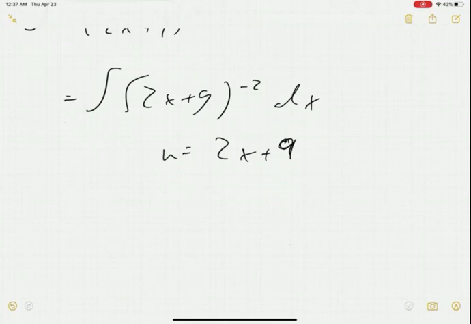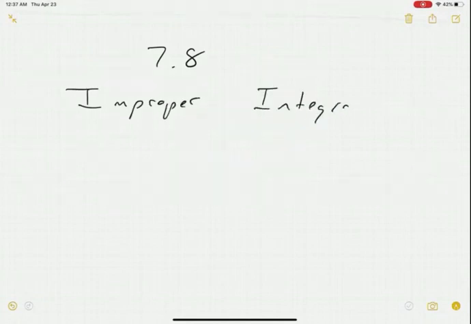Section 7-8 would be the next section. Improper integrals. Hopefully you guys have absorbed my harping on throughout the semester about being very methodical in how we write our integral.